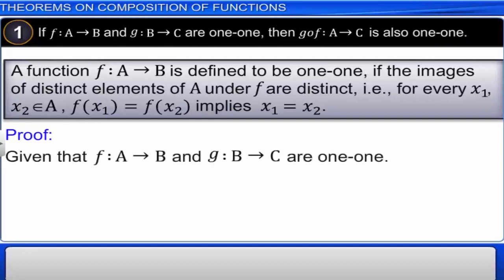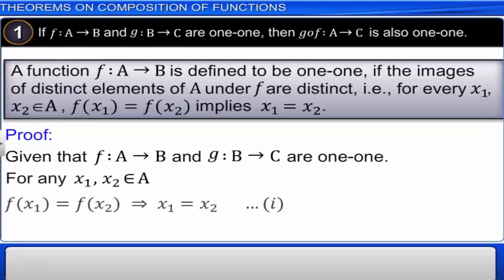We are given that functions f and g are 1-1. This implies that for any arbitrary elements x1 and x2 belonging to set A, if f of x1 is equal to f of x2, then x1 is equal to x2.